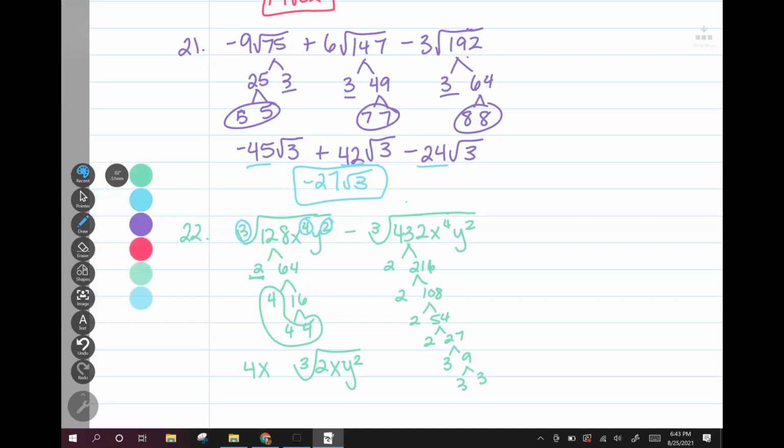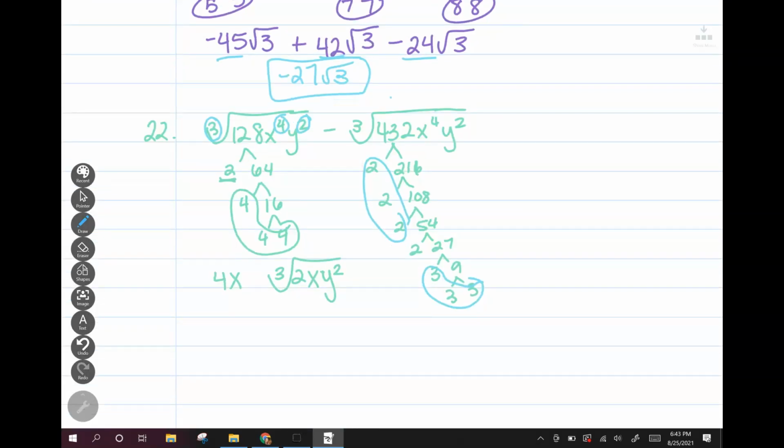Okay, so break that one all the way down. Things have to come out in groups of 3. So I've got 3 2's and 3 3's. So I can take a 6 out. That's 2 times 3 gives me 6. And then this other 2 needs to stay inside.